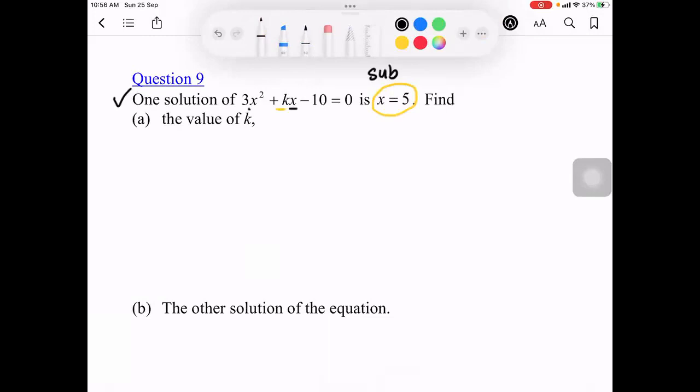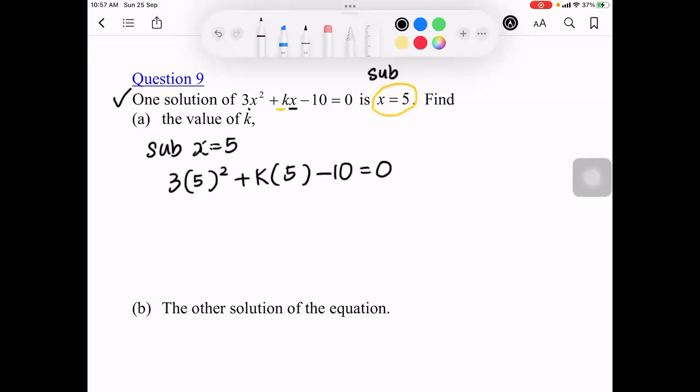Because it says it's a solution, it will fit the equation. So I substitute x inside. So I sub x equals to 5 into my equation. This is 3x squared plus k times x minus 10 equals to 0. So my x is now the number 5. So all these are just numbers.